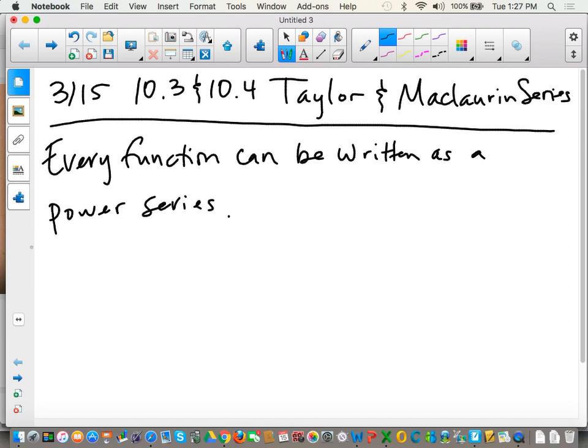So today you're going to learn how to do that. You're going to learn how to write any given function as a power series. All right? And we gave the example the other day.